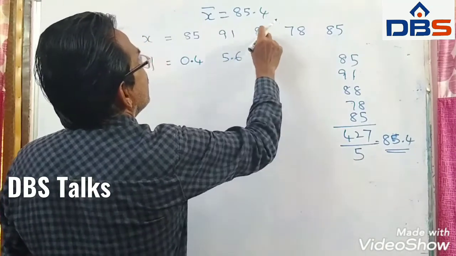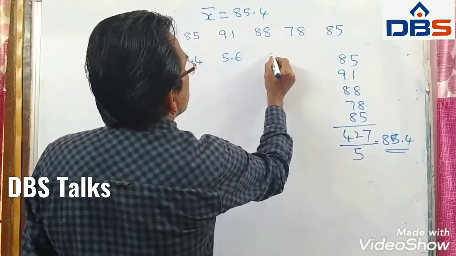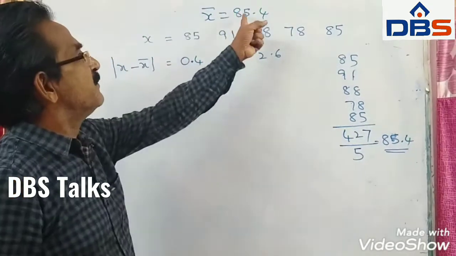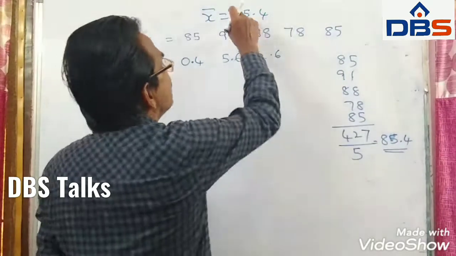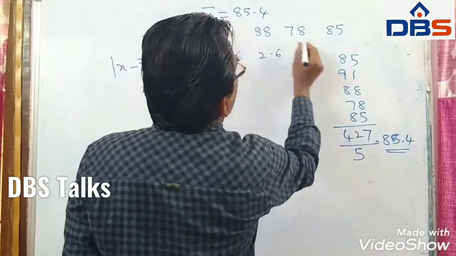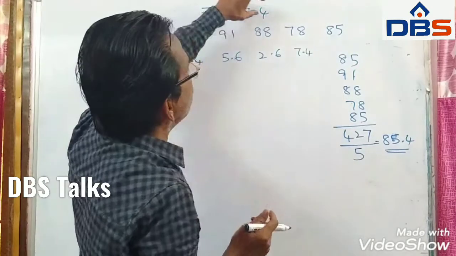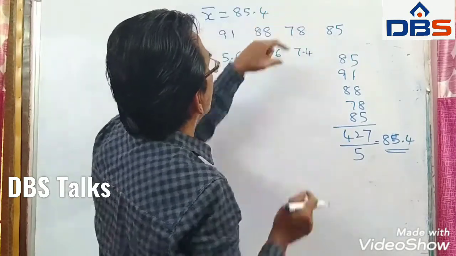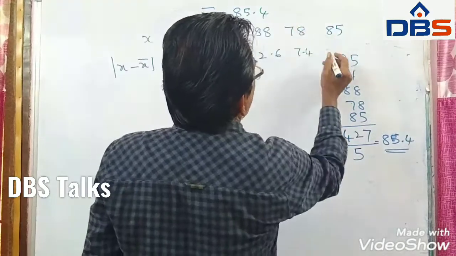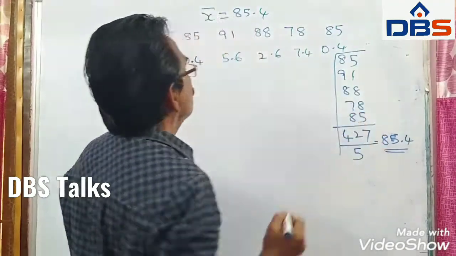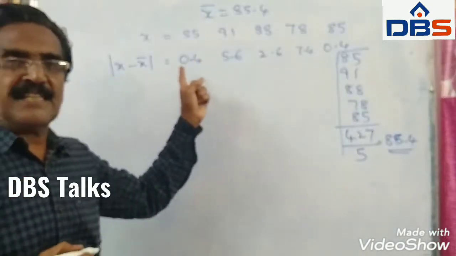Difference between these two things, 2.6. Difference between these two things, 7.4. This minus this, 7.4. Difference between these two things, 0.4. So these are the deviations, friends.